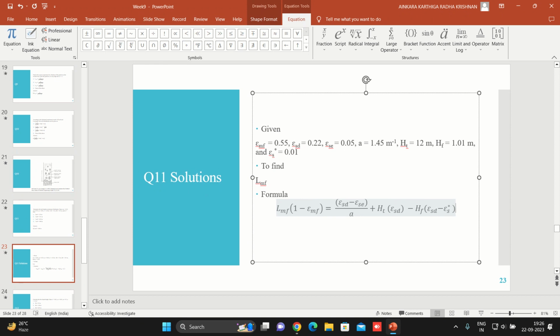So this is the formula which is given by LMF into 1 minus epsilon MF is equal to epsilon SD minus epsilon SE by A plus HT into epsilon SD minus HF into epsilon SD minus epsilon S star.